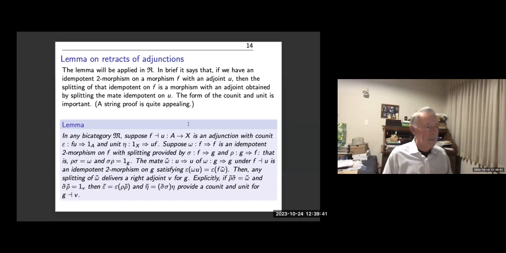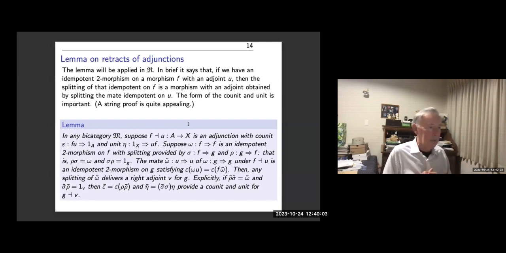And that idempotent on U, if you split the idempotent on F, then you get another morphism, and that will be left adjoint to the splitting of the idempotent on U. That's all I'm saying here, really.